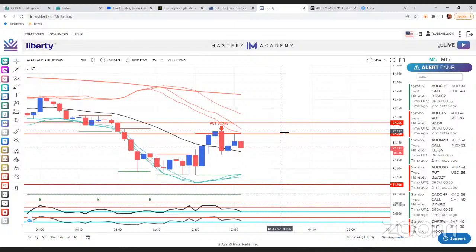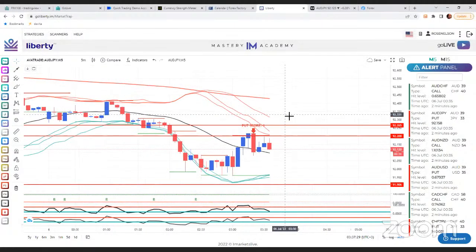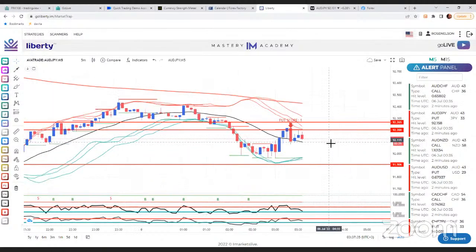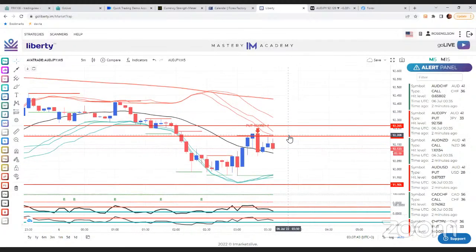Yeah, it might happen way later now because it looks like it's pushing down now. Yeah, it looks like it was a good area to go in, but it's not the way we wanted. We wanted a double blessing strategy.